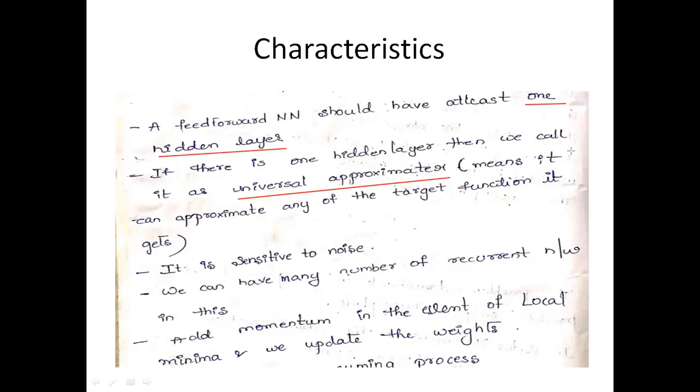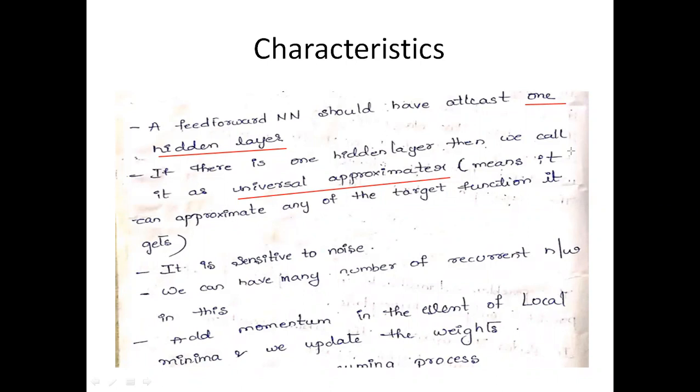If it is a multi-layer network, you should have at least one hidden layer; 2 hidden layers, 3 hidden layers, 4 hidden layers can also be established in this multi-layer neural network, right?